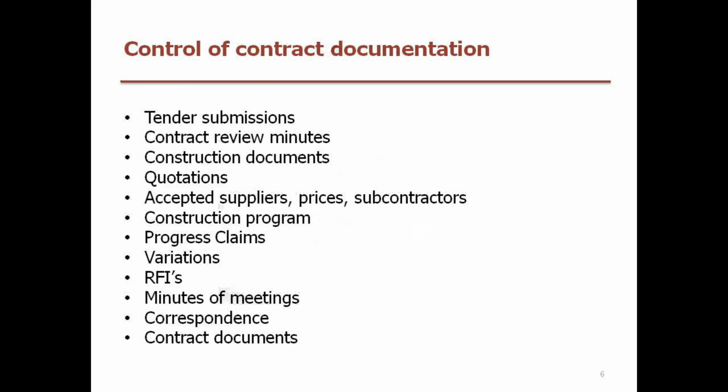So if we briefly look at the contract administration and documentation process, there are a number of areas where we can start making templates and really defining how we're going to manage these. As a result, it makes the whole process of reporting, communicating, and creating a quality standard much easier.